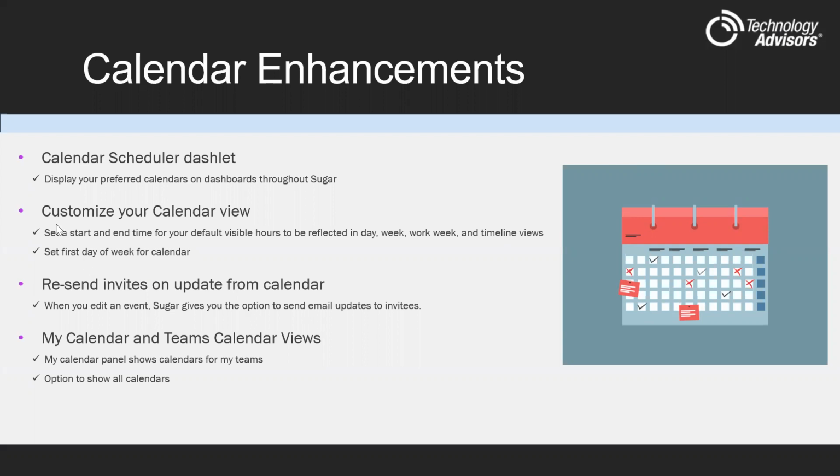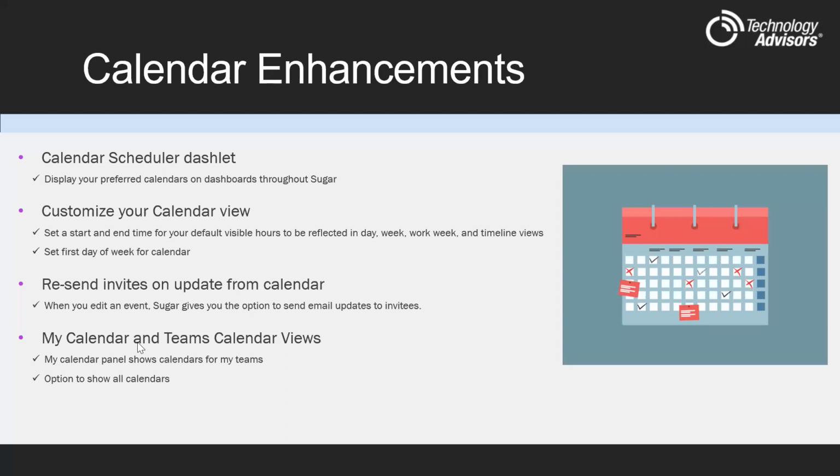You can customize your calendar view by setting the first day of your work week and setting the start and end times for your working day. That would reflect in the day, week, or timeline views of your calendar. If you want to edit an activity or an event, you can do that directly from the calendar, and Sugar will give you the option to resend the invites or updates to anyone participating in that event.